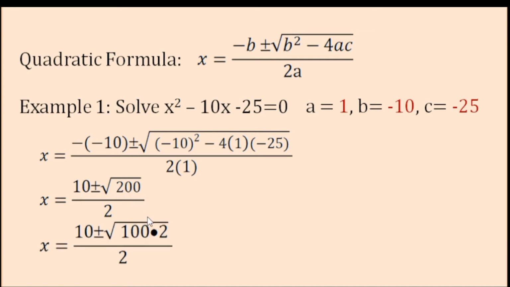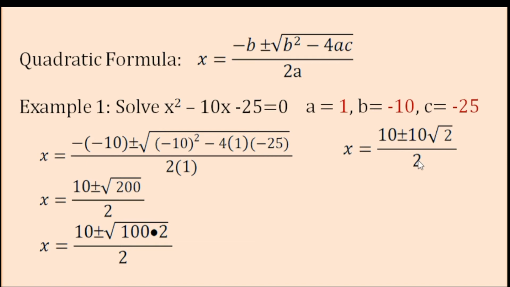So in this case, it's 100 times 2. And of course, square root of 100 is 10. So this becomes 10 plus and minus 10, and then square root of 2. So 2 stays inside, all over 2. So this is what we get now.